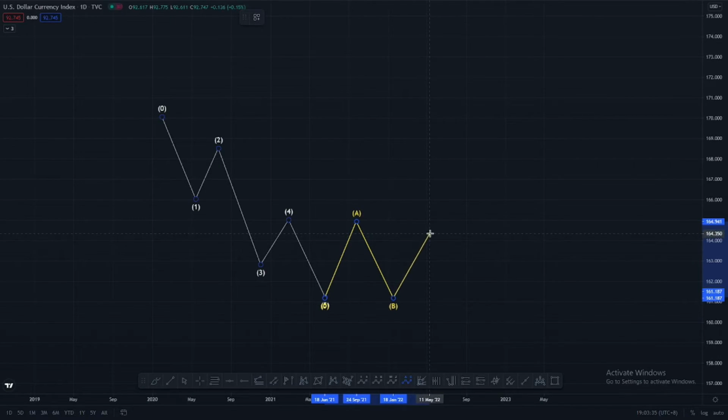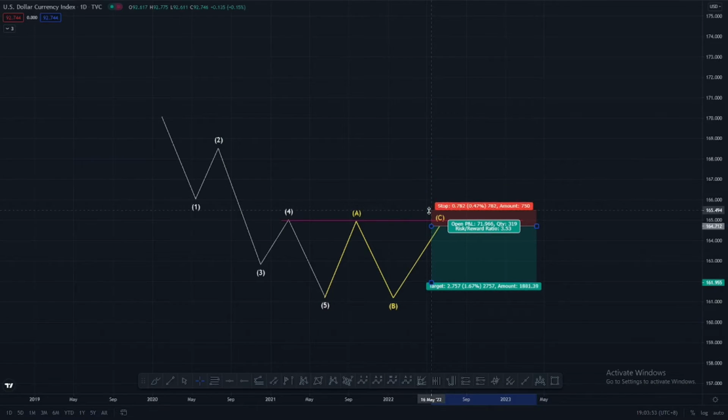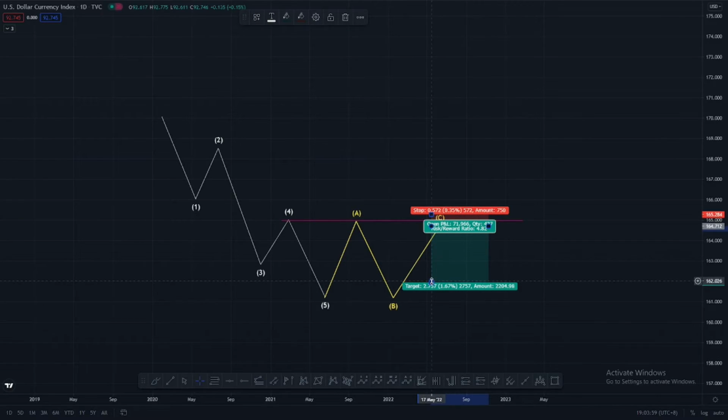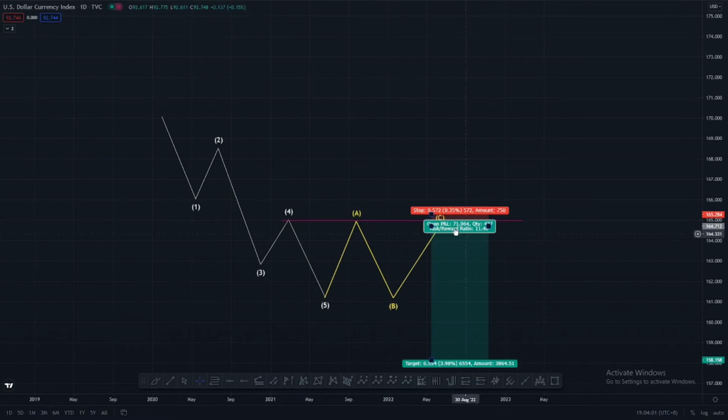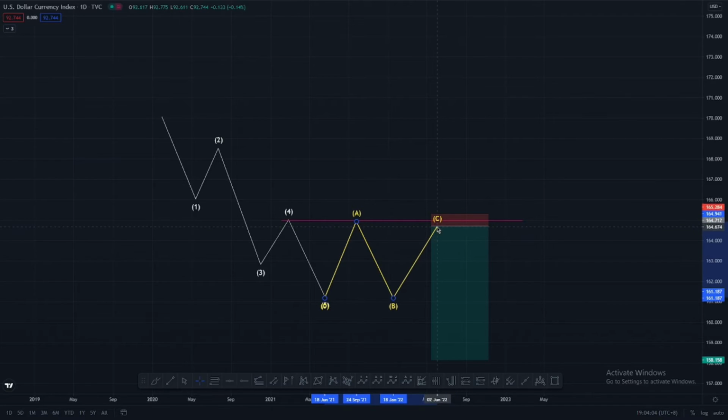As C comes to the resistance, a heavy resistance, you decide to trade this short position. So you short right here. You put your stop loss just a couple of dollars above wave A and wave 4, because you know that there's going to be another five impulsive waves down.